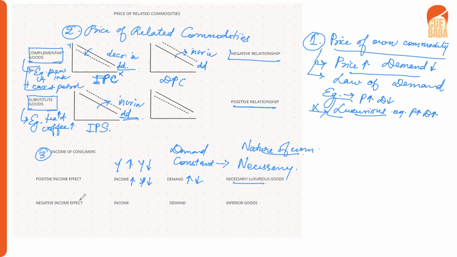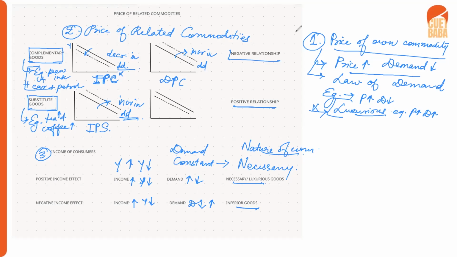And in the third case, there is a negative income effect, where the income increases or decreases and the demand decreases or increases. In that case, we can see inferior goods. So these are the types of factors that affect the demand.